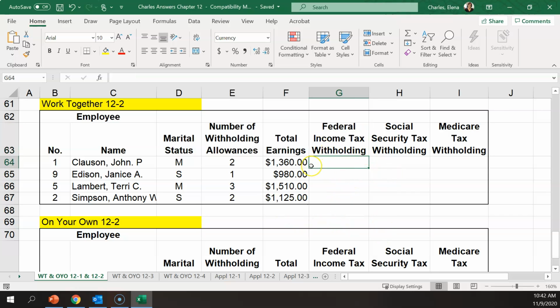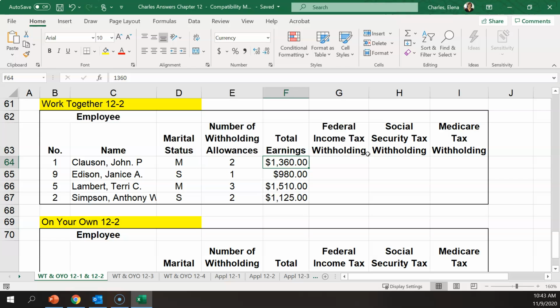Okay, so our first job, we have to figure out our federal income tax withholding. Let's look at John Clausen. John is married and has 2 allowances. So turn to page 354. His total earnings are $1,360. So we have to find $1,360.